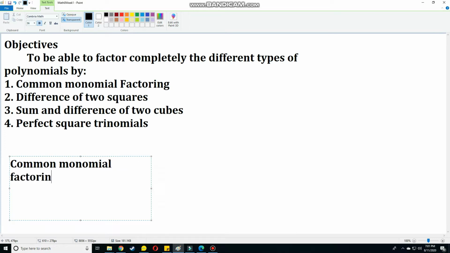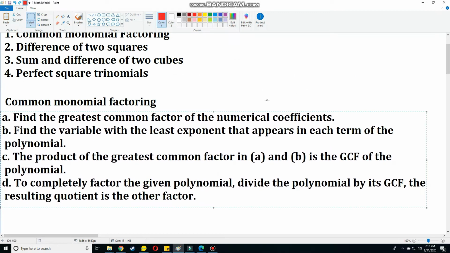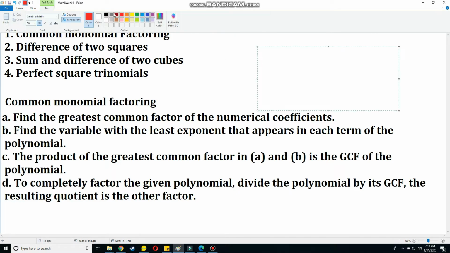factoring. Okay, now, here are some steps for us to remember how to apply common monomial factoring. Number 1, find the greatest common factor of the numerical coefficients. As you could remember from elementary and grade 7, finding the GCF was one of the topics that was really drilled into your head.